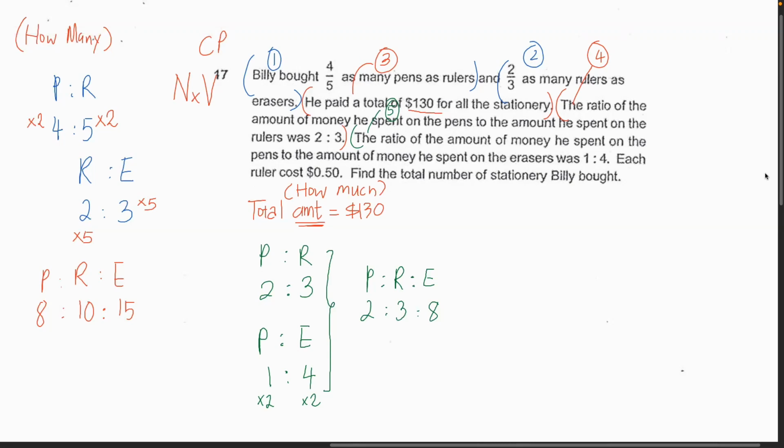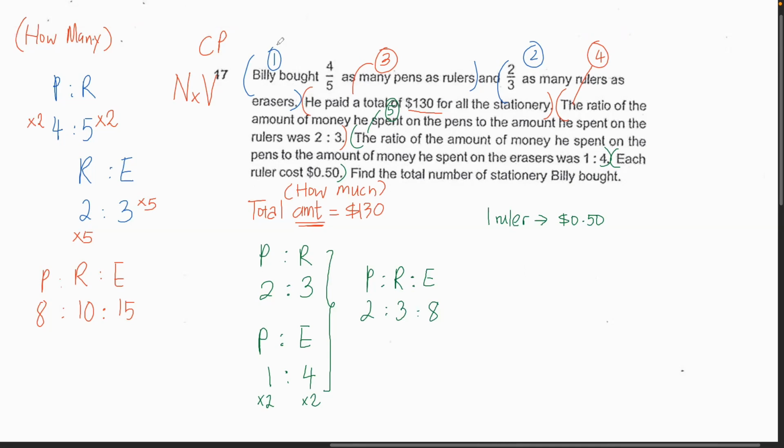Okay, then we go on to the next part. We realize that this person actually tells us that one ruler costs how much? 50 cents, correct? So if they tell us that one ruler equals 50 cents, do we know how much this person spent on the ruler? We know, right? Why is it that we know?